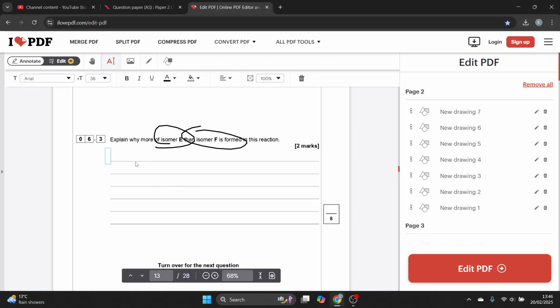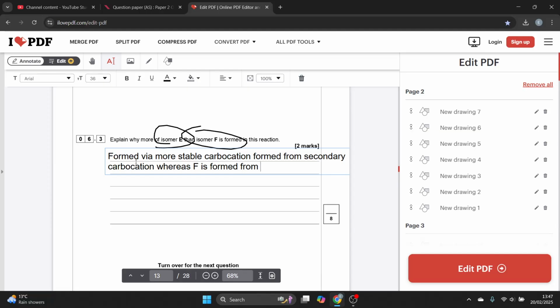Isomer E is formed via a more stable carbocation, formed from a secondary carbocation, whereas F is formed from a primary carbocation.